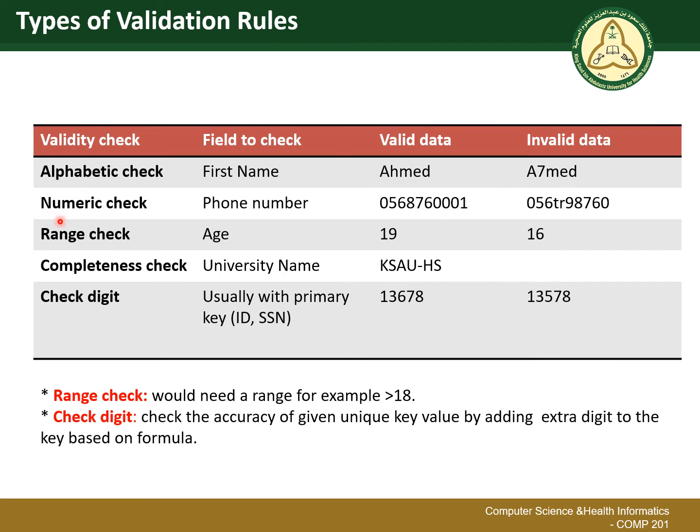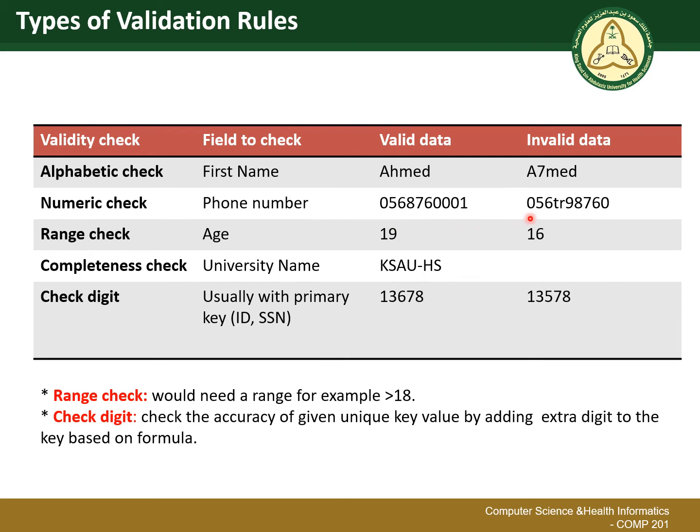In the numeric check also, for example, if we have a phone number and the data type will be number, and we entered here the mobile number, it was correct valid data.